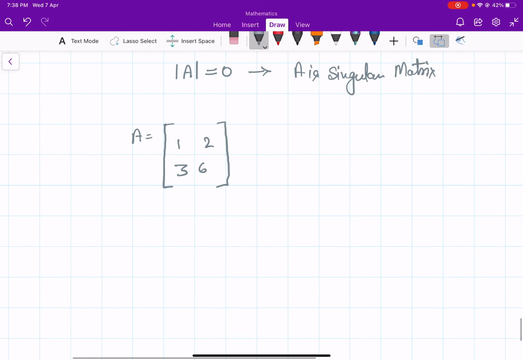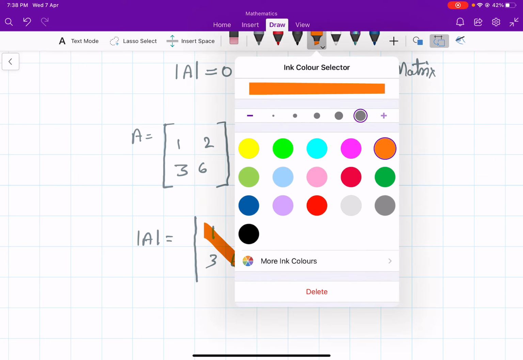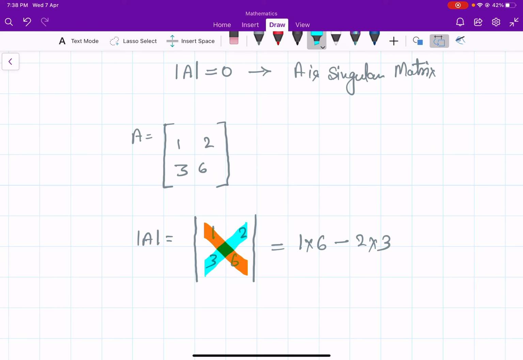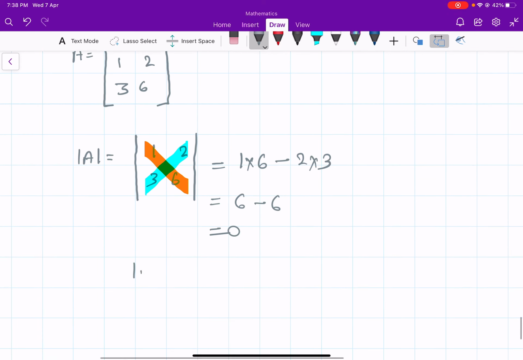So its determinant of A is equals to 1, 2, 3 and 6. So just simply cross multiply, that is 1 into 6 minus 2 into 3, which gives 6 minus 6, that is 0. So here you can see determinant of A is equals to 0, then we can say A is singular matrix.